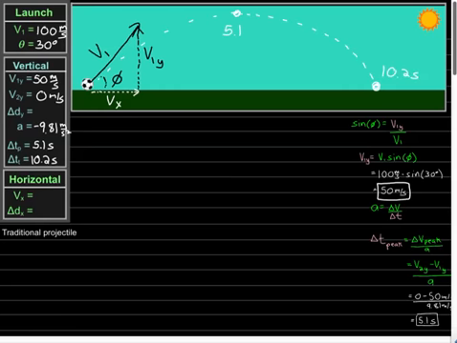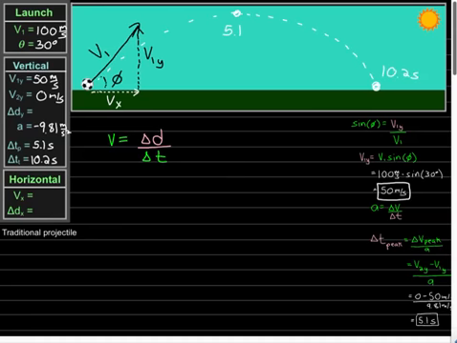Okay, good. So now we need to figure out how far this object actually travels. And to do that, we must think that the motion of a projectile horizontally is constant. And we use this equation, that a constant velocity is equal to a change in distance divided by how long the object's in the air.